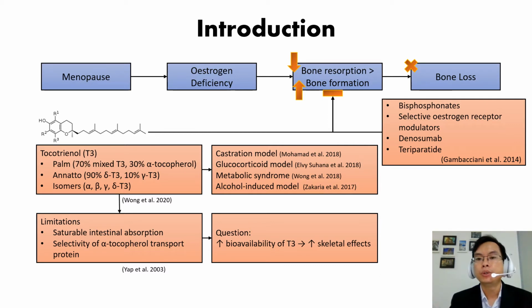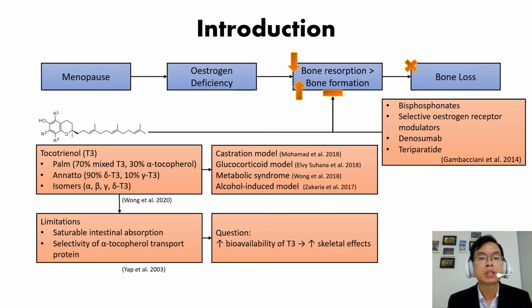There are many agents used for treating osteoporosis, including bisphosphonate, selective estrogen receptor modulators like raloxifene, denosumab, and also teriparatide. In our previous study, we also proved that tocotrienol, which is a subfamily of vitamin E derived from palm annatto, can also prevent osteoporosis in animal models of castration, glucocorticoid, metabolic syndrome, and alcohol.